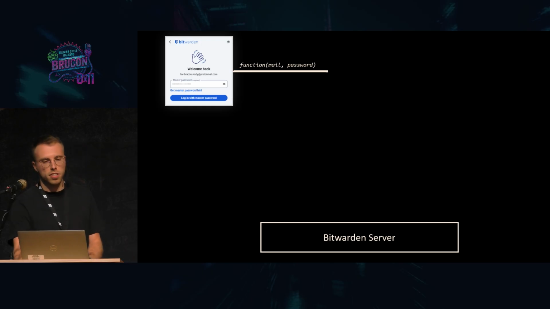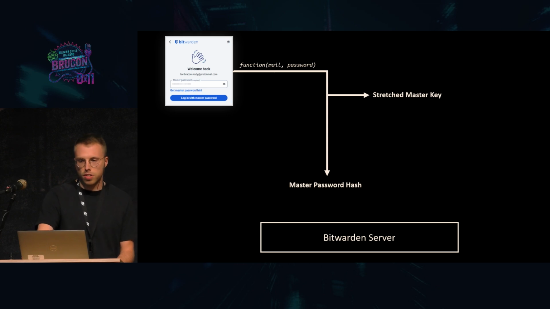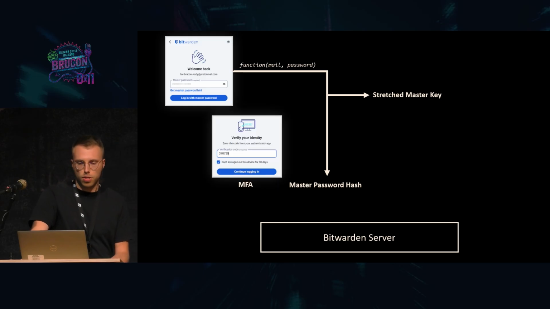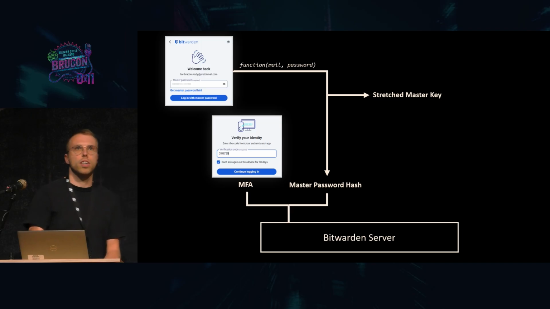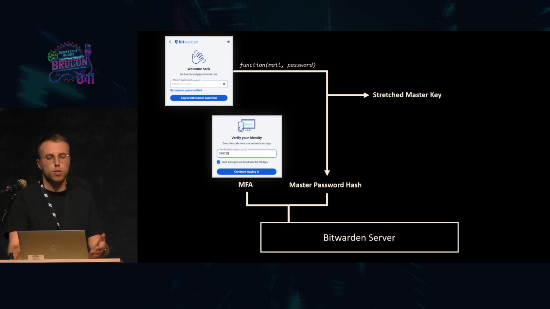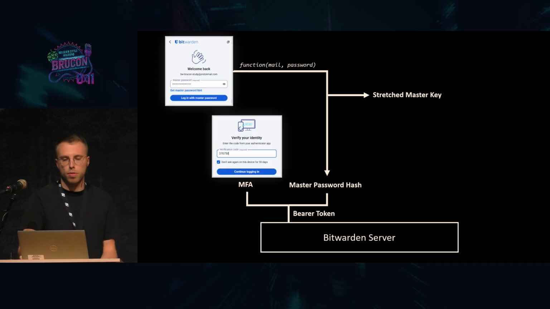We won't go into details here, but you end up with two elements, the stretched master key and the master password hash. This master password hash, in combination with the multi-factor authentication, will be used to connect to the Bitwarden server, and the communication will be authenticated through bearer tokens, quite a generic way to interact with a web server.